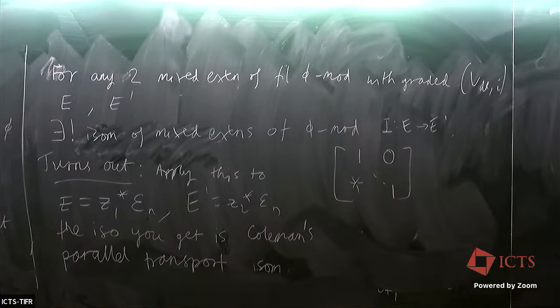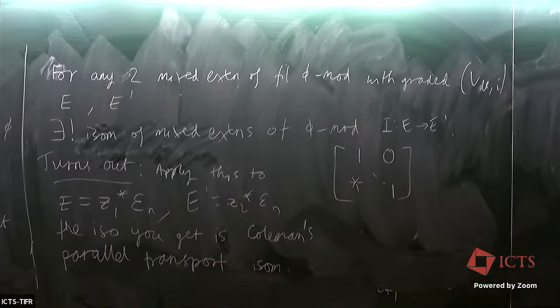So I'll say a bit more about the global Galois representations in a second. Oh, you mean a classification of all the isomorphism classes of mixed extensions with n graded pieces? Yeah, so that's just what I'm about to do. Great question. That wasn't a plant, I promise.